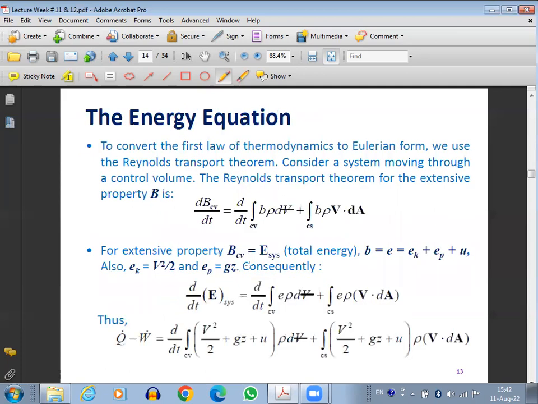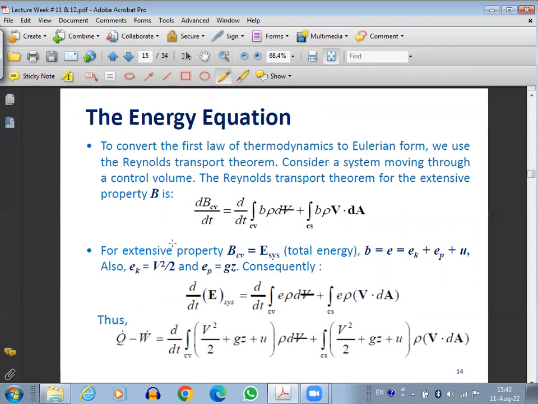Now the question is, why do we need to write it in the rate format? Because now what we need to do is apply the Reynolds transport theorem on energy. Okay, so if you remember, this is the Reynolds transport theorem that we actually developed in chapter number 5, and now we are in chapter number 7.